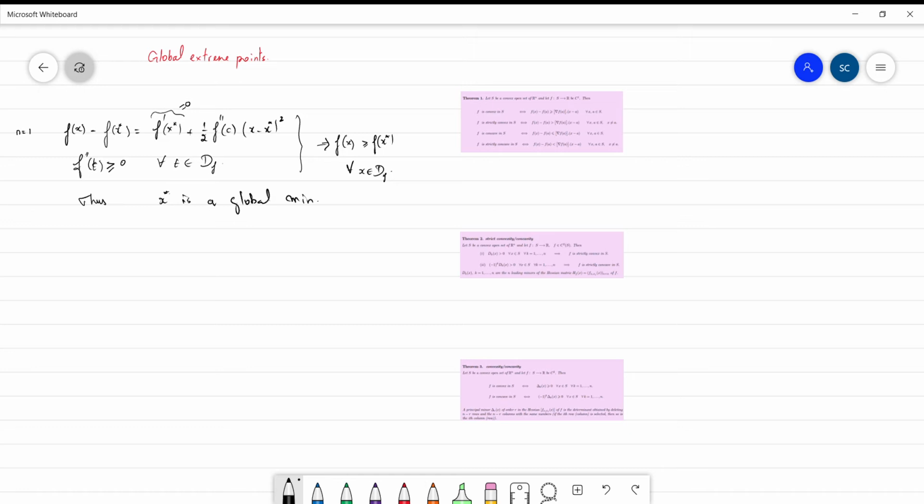So you would be able to conclude about the globality of the critical point.